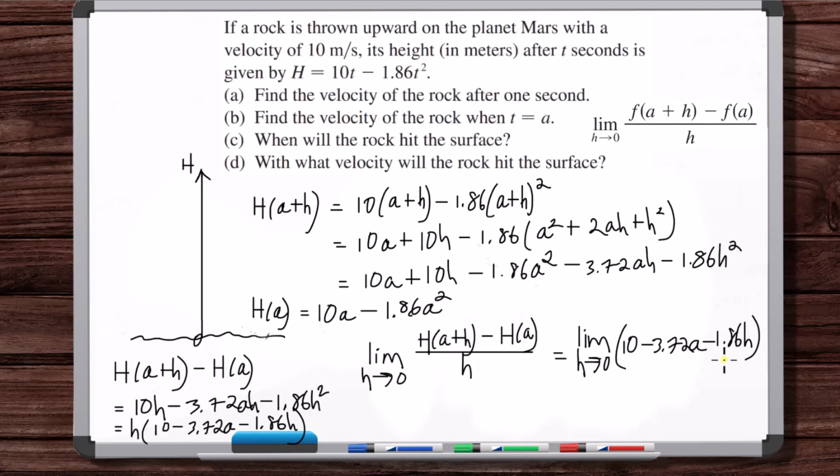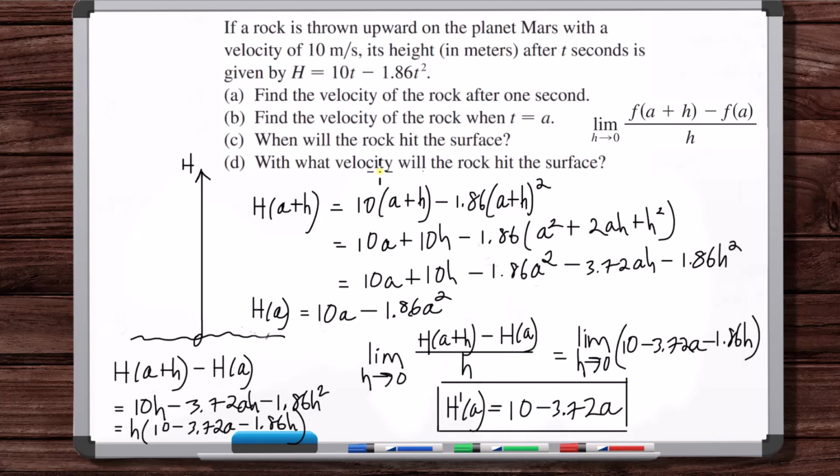Plugging in 0 for h, you get 10 minus 3.72a. So h prime of a is equal to 10 minus 3.72a. There you go. That's the answer to part B.